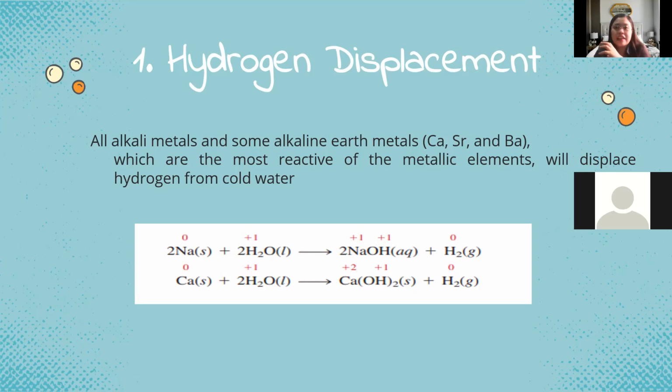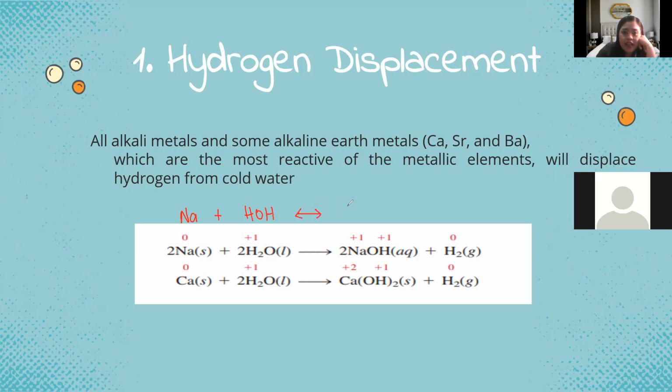Pag nilagay natin siya sa water, dinisolve natin siya sa water, what happened there is, ayan, sige, let me illustrate this. We have Na plus HOH. Ilagay natin siya as HOH so that we will see kung saan na hydrogen yung papalitan niya.